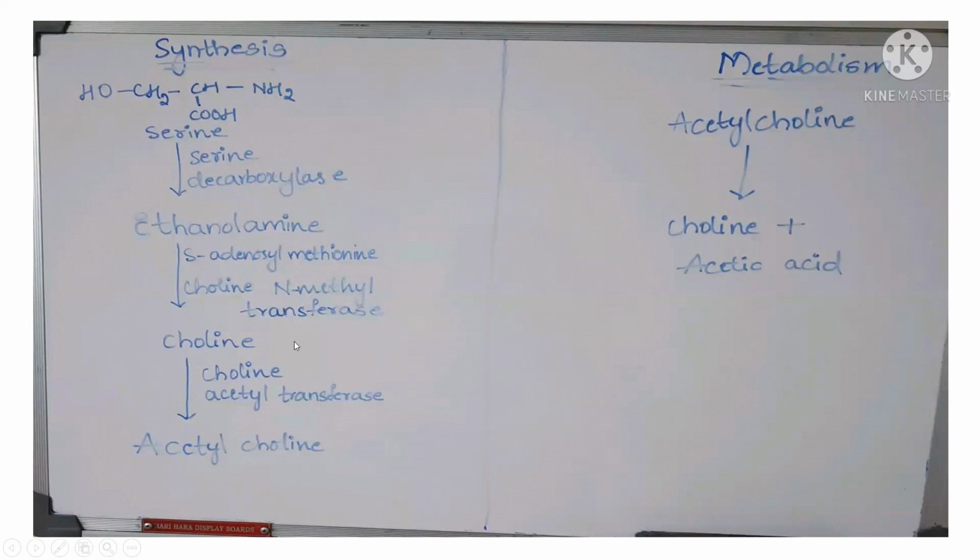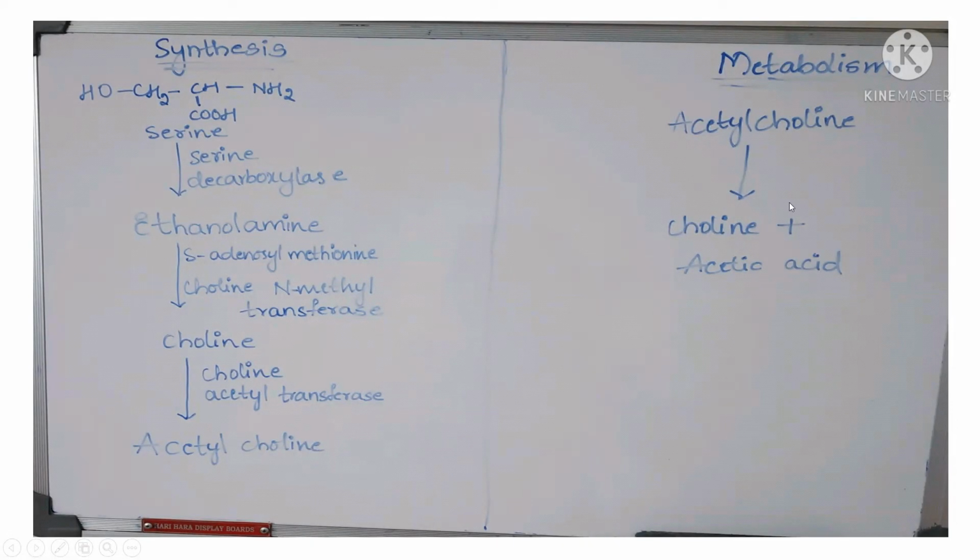Synthesis of acetylcholine. The starting precursor is the amino acid serine. Remember that. Serine decarboxylase gives ethanolamine, and when ethanolamine is acted upon by choline methyl transferase, we get choline, and choline acted upon by choline acetyl transferase gives acetylcholine.